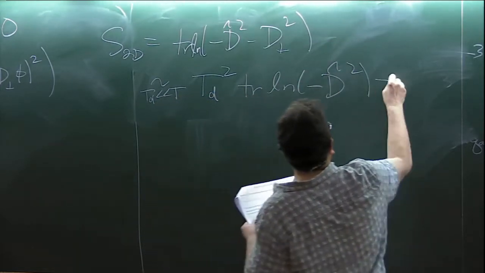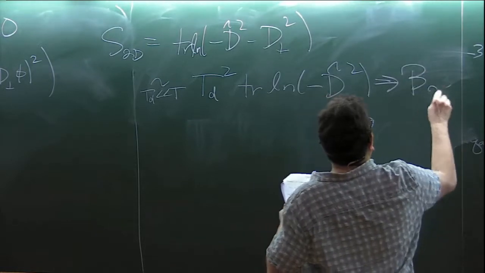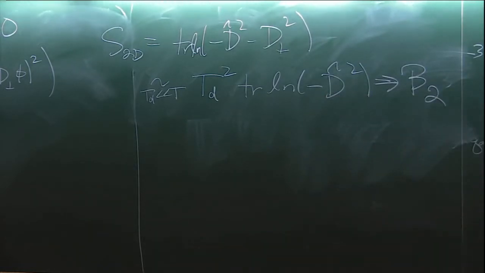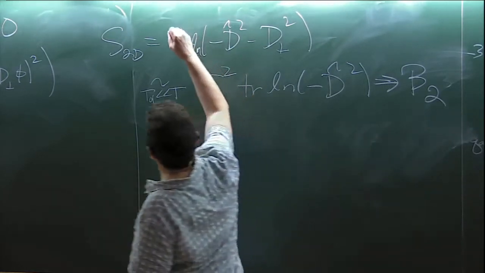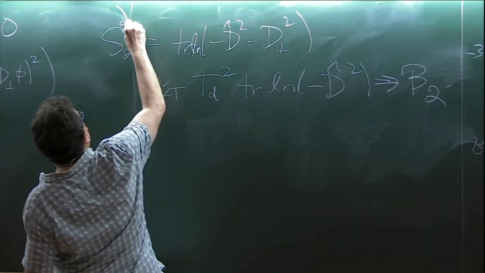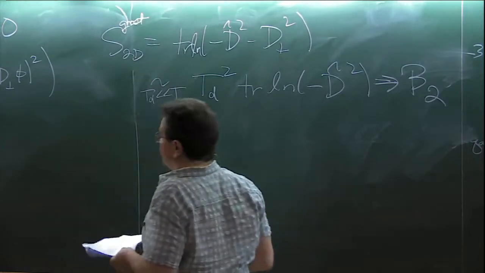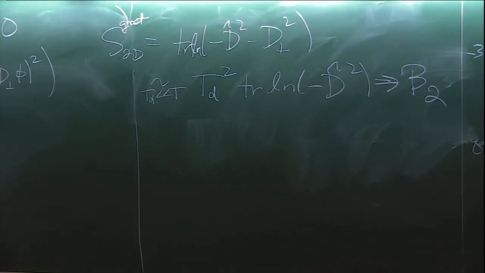And this is going to give us a B2. And when we do this, what we find is this has to be a ghost. This is not obvious, but it turns out that's what you need, because this has to have the right sign to generate a non-zero Q, and it turns out it has to be a ghost.